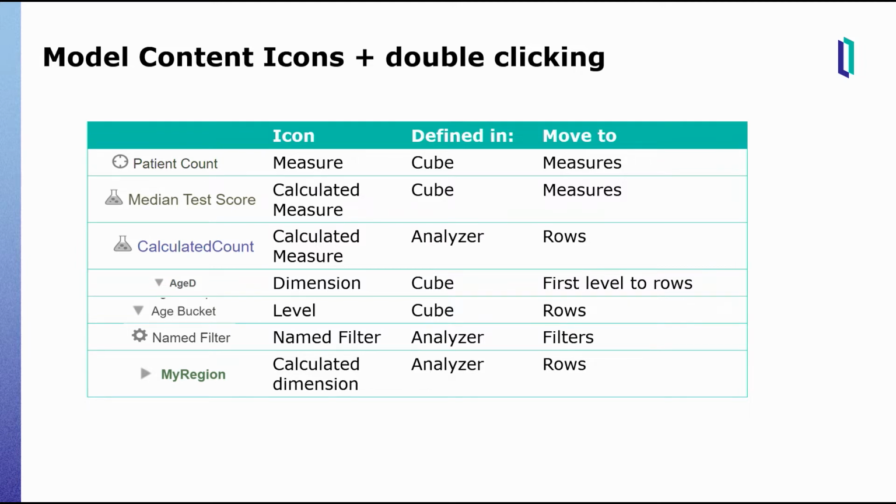And then there are different behaviors if you double click on them. For a beginner user, they might get confused, but if you know exactly what it does, you can take advantage of it and review your model more quickly. So this is just a list of that.